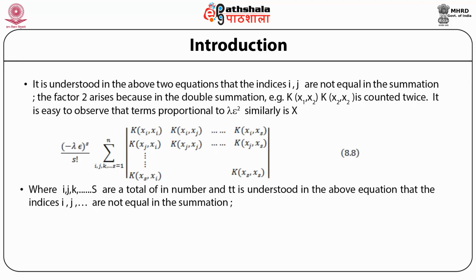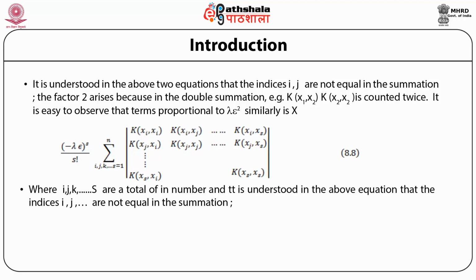So it is understood in the above two equations that the indices i and j are not equal in the summation. The factor 2 arises because the double summation, that is k x1 x1 into k x2 x2, is counted twice.